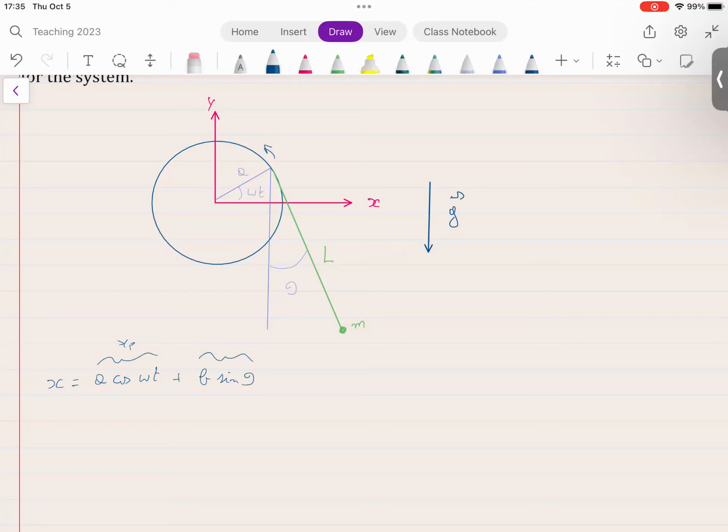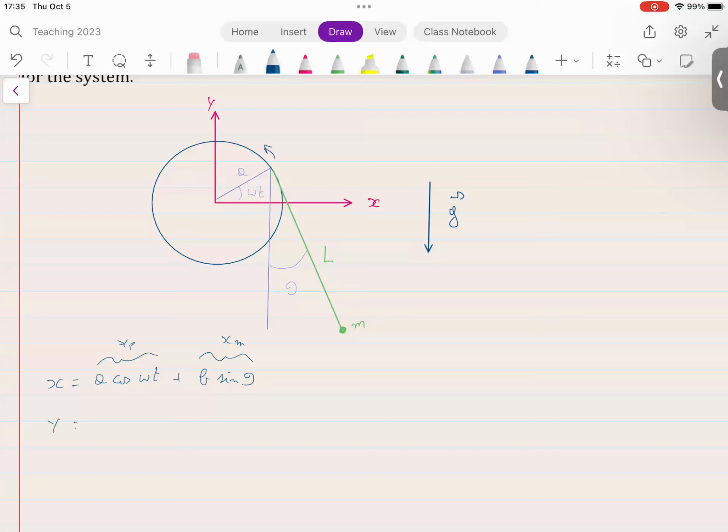And that I'm going to call x sub m, the position relative to the pivot of the pendulum.